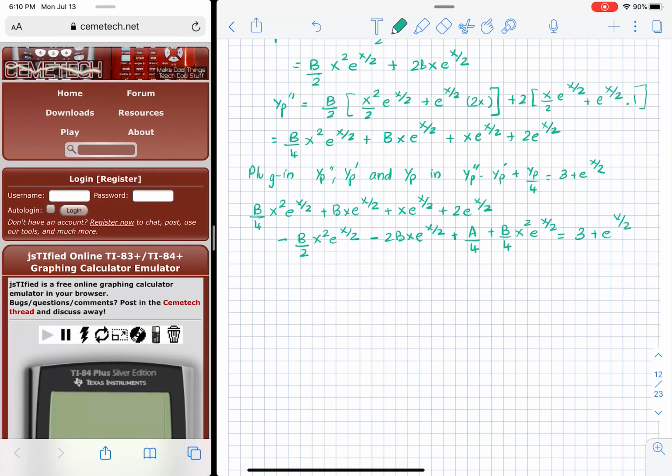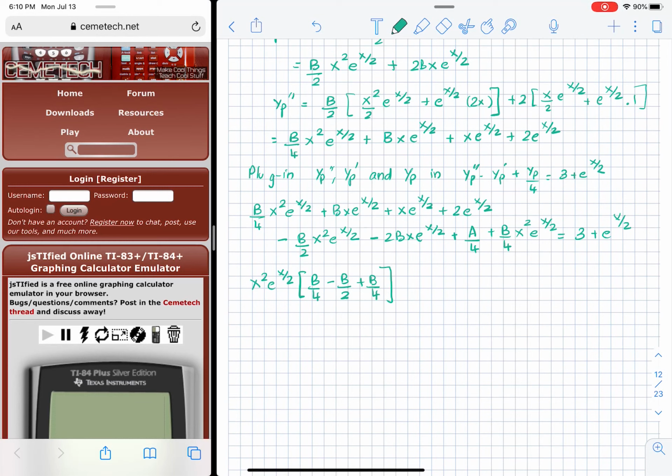So now we have to make a direct comparison on the left-hand side and the right-hand side. So let's group the x squared e raised x over 2 terms first. So b over 4 minus b over 2, and I have another b over 4, and that is it.